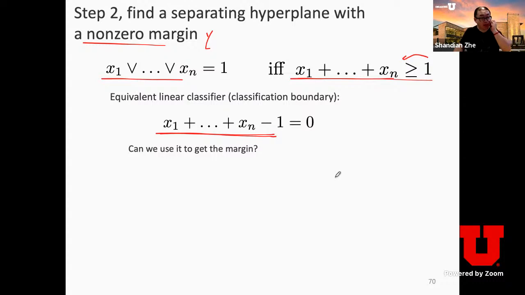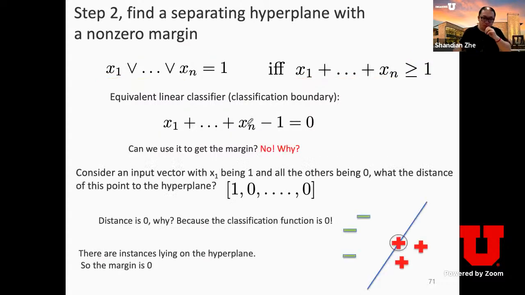So back to our question: can we directly use this separating hyperplane to calculate the margin and then use that margin to get the mistake bound? Unfortunately, the answer is no. There's a small trap here, so just be careful. When we calculate the margin of this separating hyperplane, you will see the margin is simply 0.